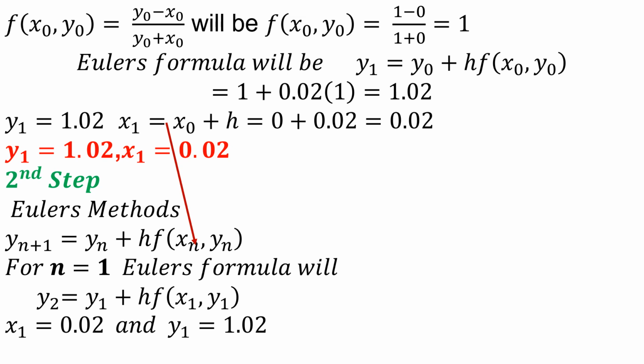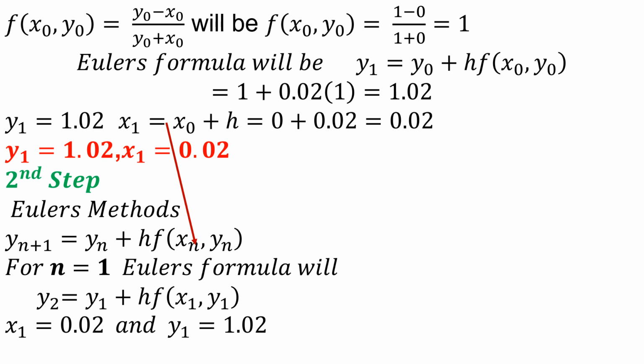And x1 we can calculate: x1 is x naught plus h, with h the step we have already calculated. So for y1 equal to 1.02, the value of x1 will be equal to 0.02.